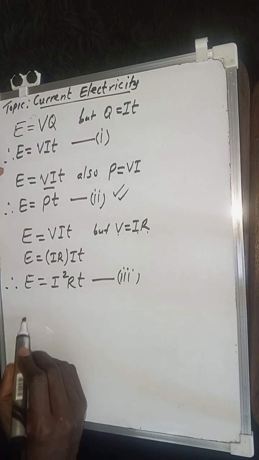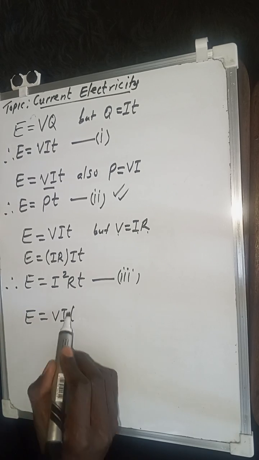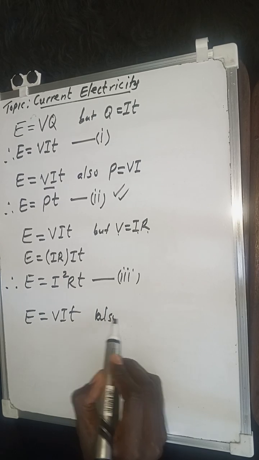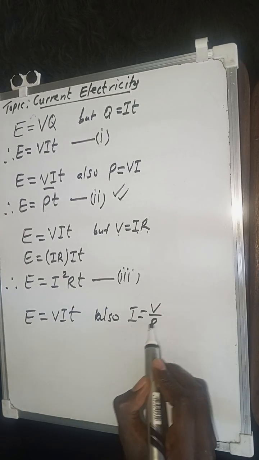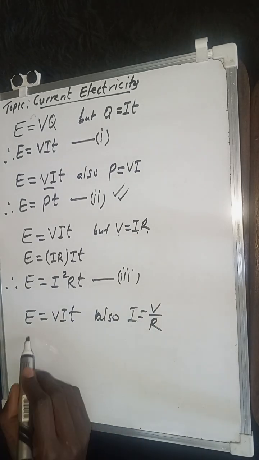But again, we can still use the same expression. E is equal to VIT, and this time we try to make I the subject of the formula using Ohm's law, I equals voltage over resistance. Then where there's I, we can put that.